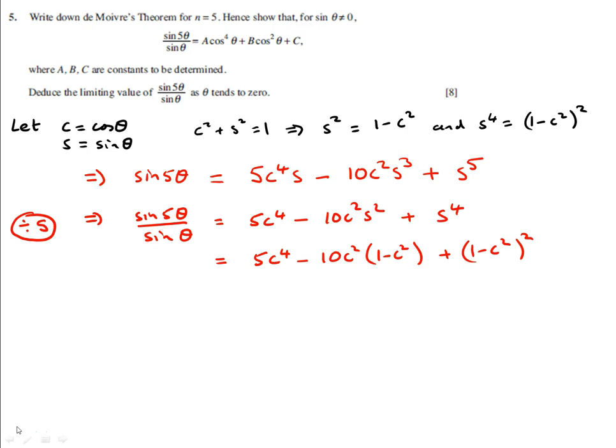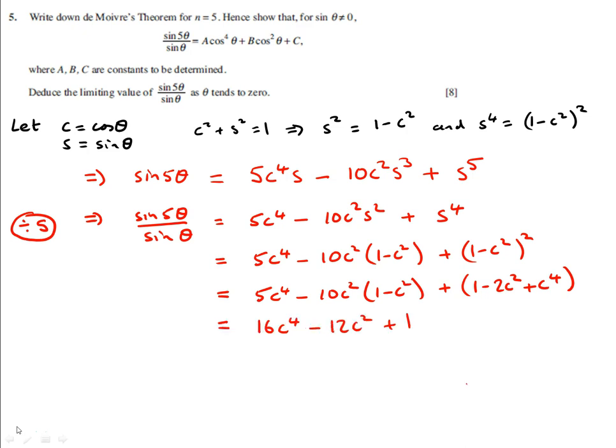So we've got some expansion to do now. First of all, 1 minus c squared squared is 1 minus 2c squared plus c to the 4. Expand and simplify.